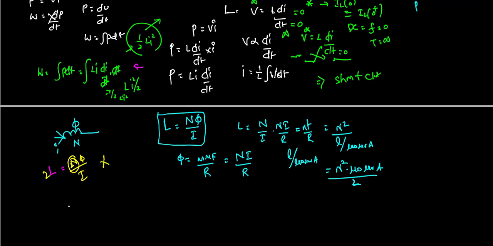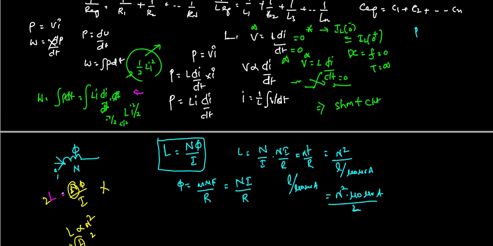This is absolutely wrong, because inductance is directly proportional to N square. So 2 square equals 4, and the inductance becomes 4 times, not double. We have to be careful in this question. These are the basic questions we can expect from inductance.